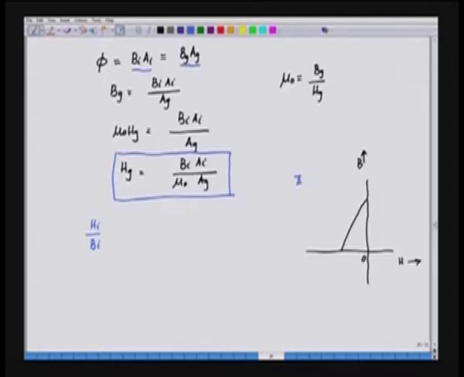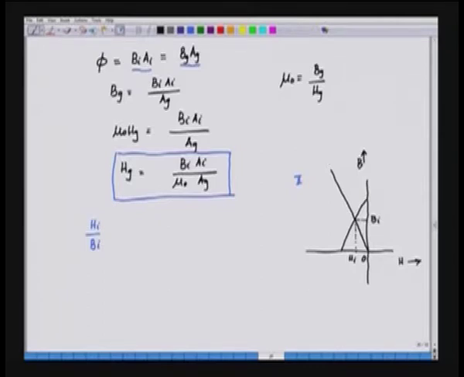Now, suppose the operating point here is Bi, this is the flux density, and the corresponding H in the x axis is Hi. If this is Bi and Hi, I can draw a line through the origin passing through this particular point. Now, we will try to see the significance of this line.